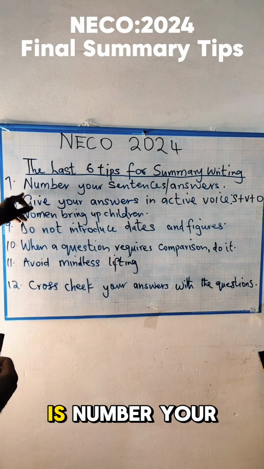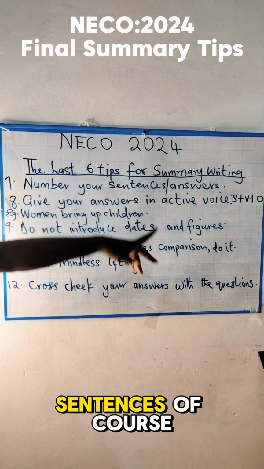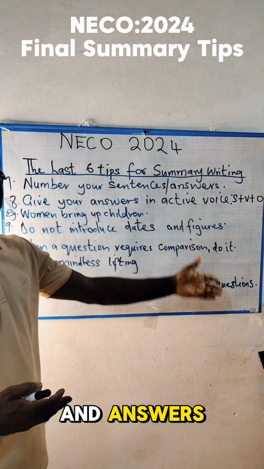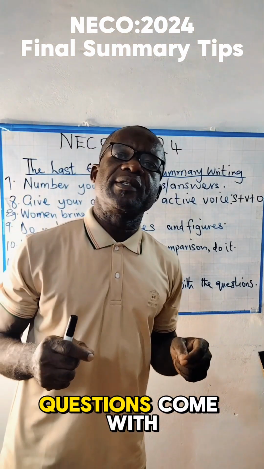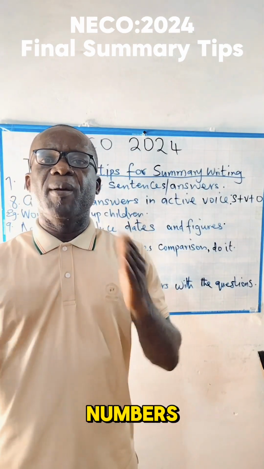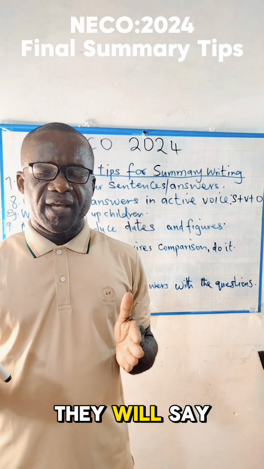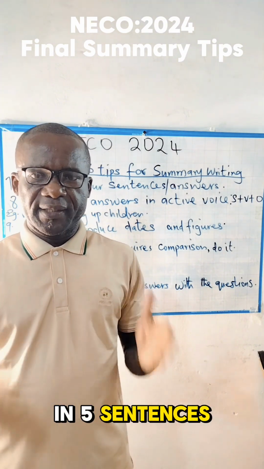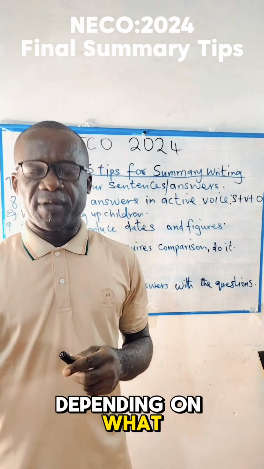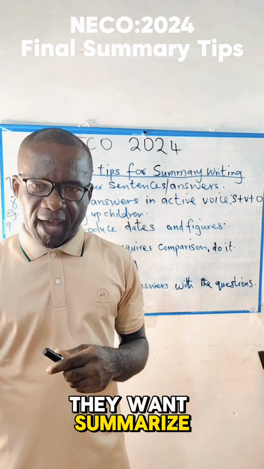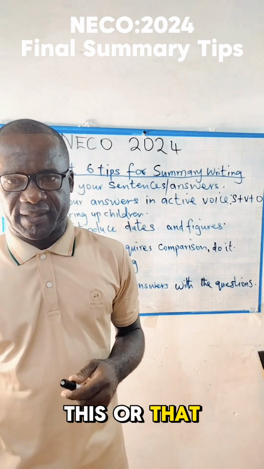Number 7 is number your sentences and answers. Usually, summary questions come with numbers. They will say in 5 sentences or in 2 sentences, depending on what they want, summarize this or that.